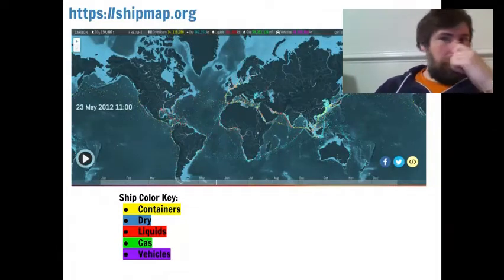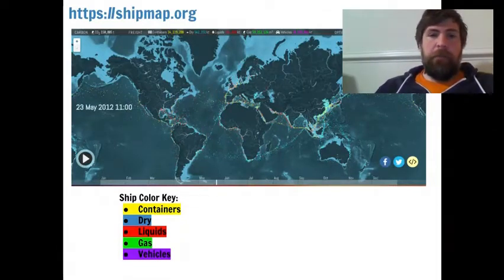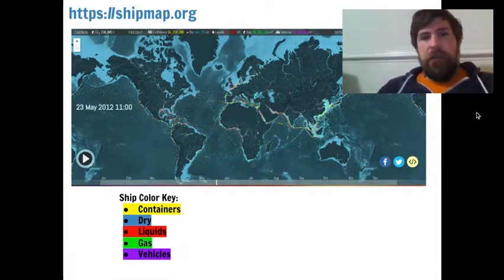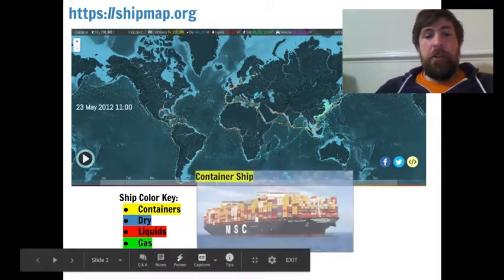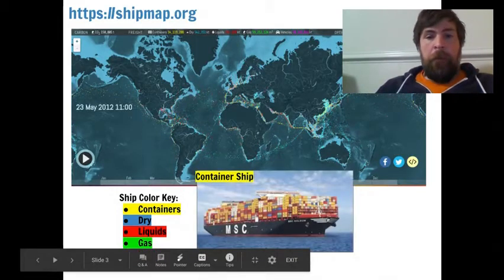So I'm going to post a link on Canvas to this website, which is really cool. And you're like, immediately, no, it's not, Mr. Everton. Check it out. I think it's really cool. It shows you, each dot on this map is a ship that is moving around the world. And you can see that the yellow dots are container ships like this one right here.